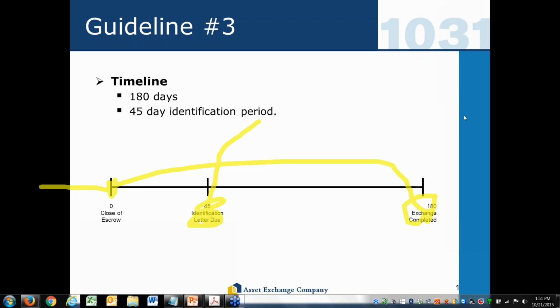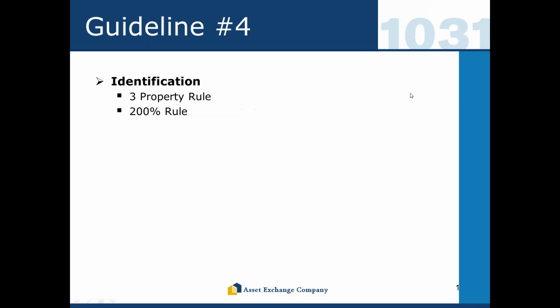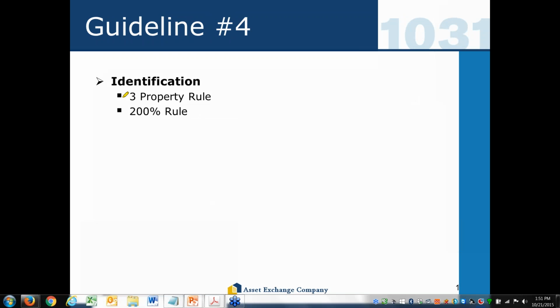So you give the government a list of 2,000 properties, and you say, well, I'll buy one of these. They crumple up that paper and they throw it back to you because they say, when you submit your list, Mr. Exchanger, you need to do so in accordance with either the 3-property rule or the 200% rule.